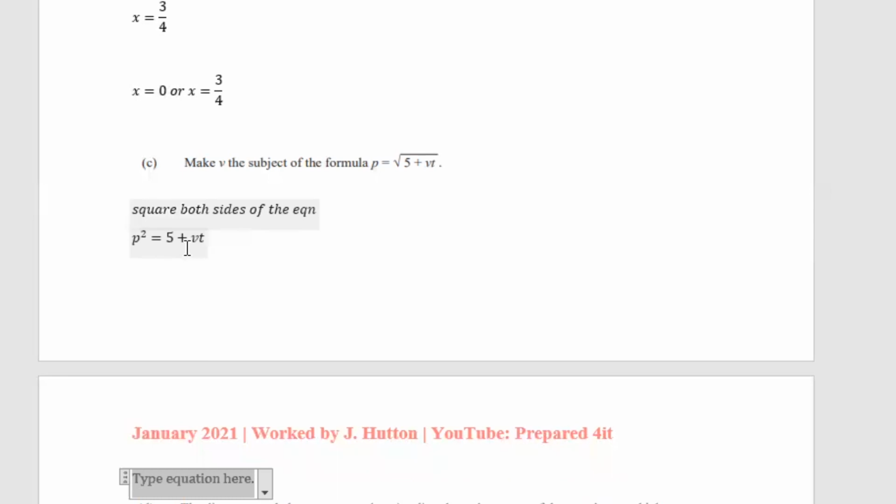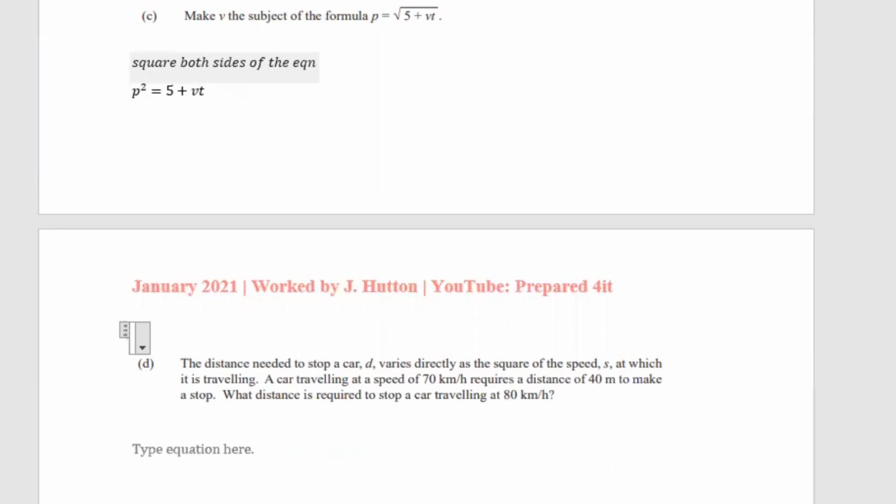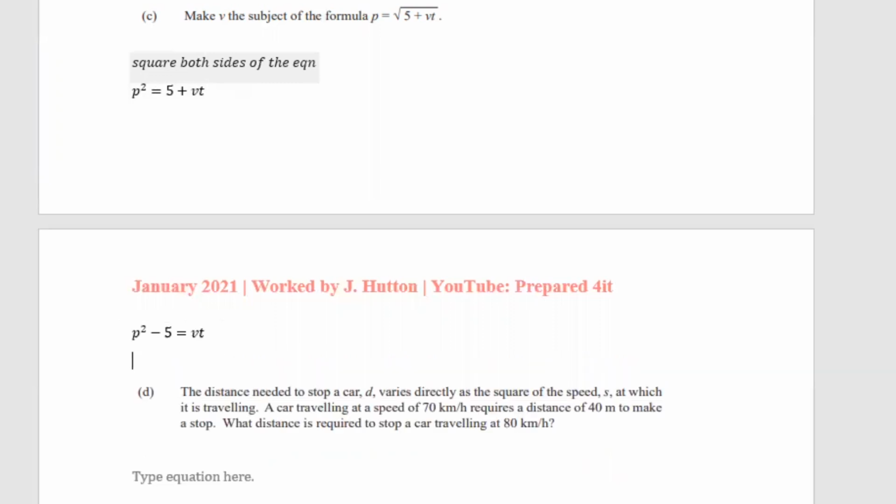So therefore what we'll have is p squared is equal to 5 plus vt. Now next we can move the 5, which is currently adding on the right hand side. When it comes across the equal sign, it will subtract. So therefore we'll have p squared minus 5 is equal to vt. We basically subtracted 5 from both sides of the equation.